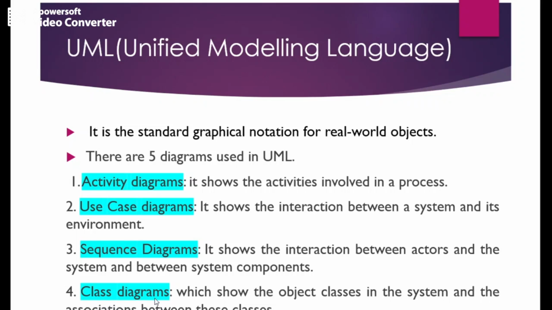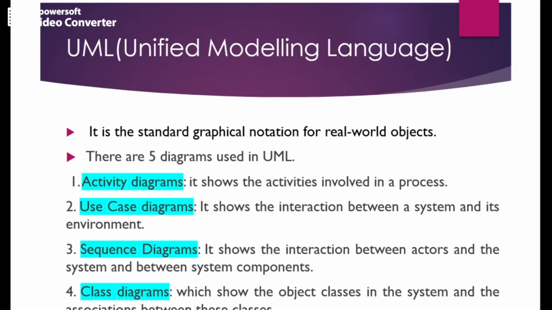Another one is the class diagram. The class diagram mainly shows what all classes are there in your system, and also how we are going to represent those classes, and it also shows the association between these classes.